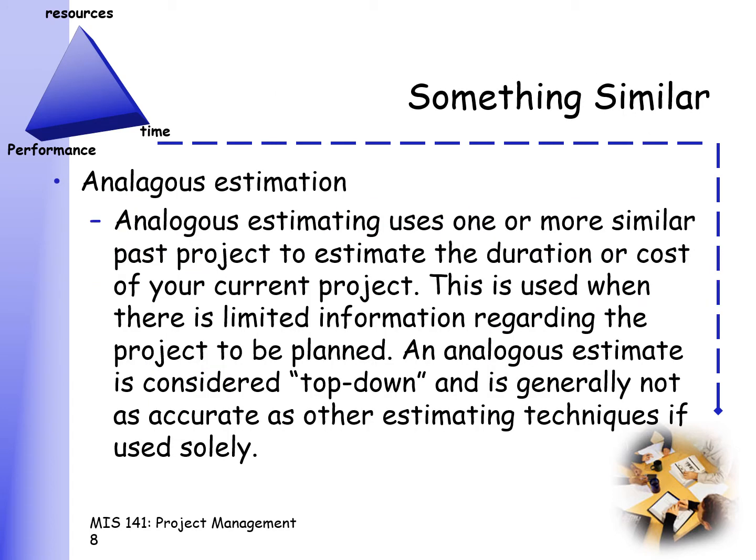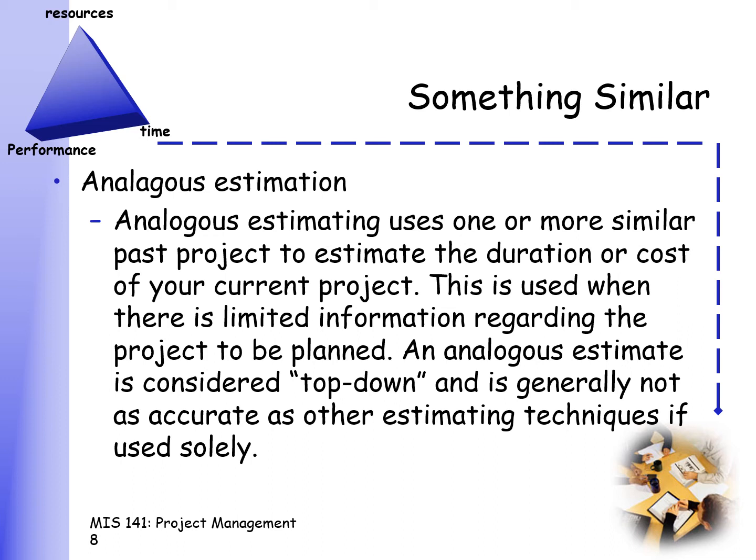Something similar to the top-down estimation is what we call analogous estimation. In analogous estimation, a project manager uses one or more similar projects in the past to estimate the duration or the cost of your current project. So let's take, for example, your MISA projects.